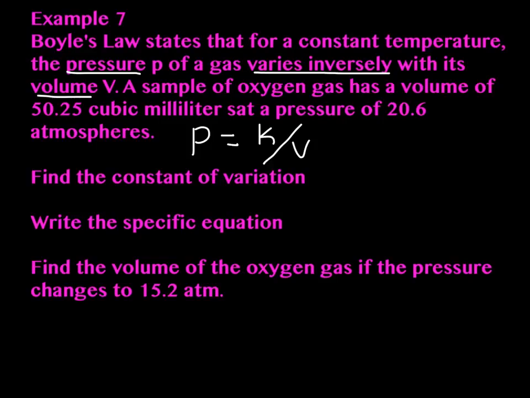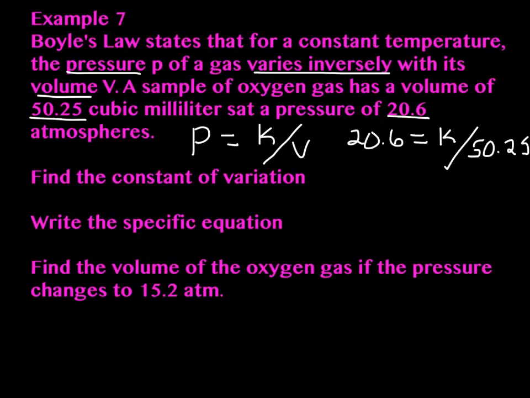And we need to know what is that constant. Well, I know that at a pressure of 20.6, I have a volume of 50.25. Make sure you put the numbers in the right place. Make sure you put the volume where the volume goes and the pressure where the pressure goes.